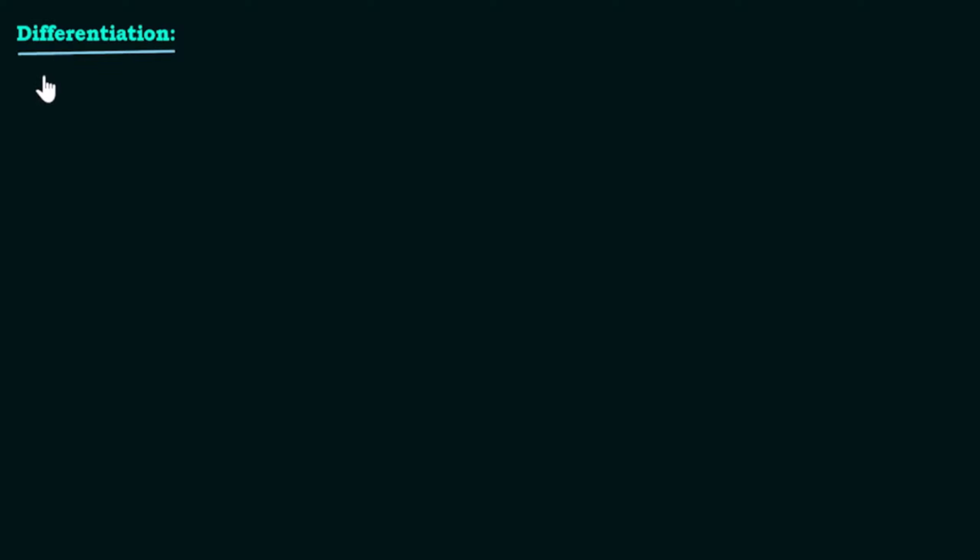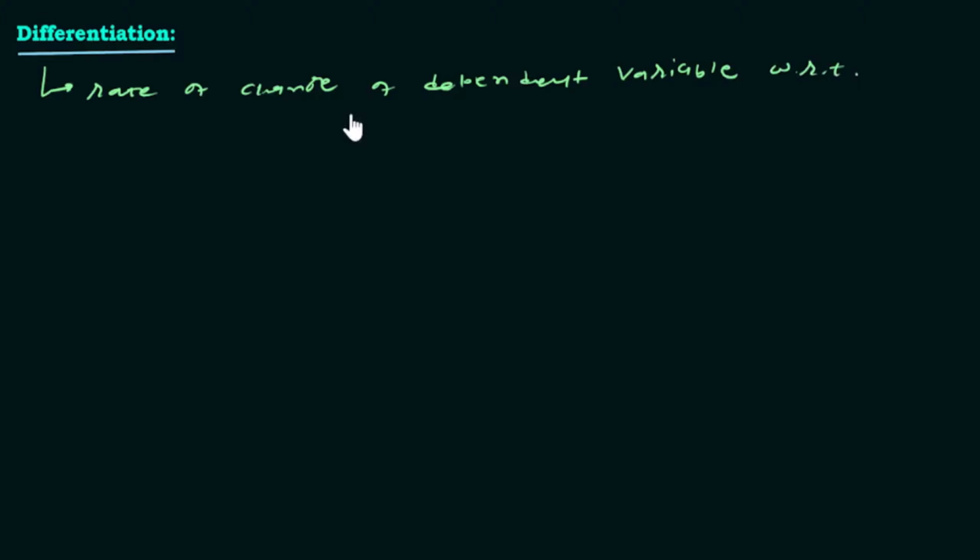So what is differentiation? Basically differentiation is the rate of change of the dependent variable with respect to the independent variable.